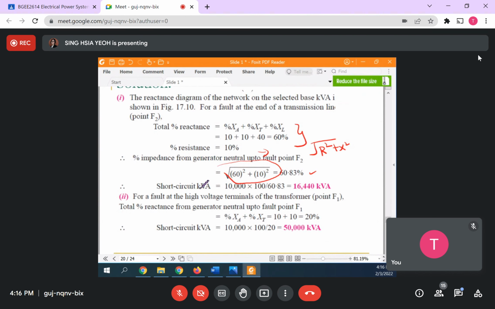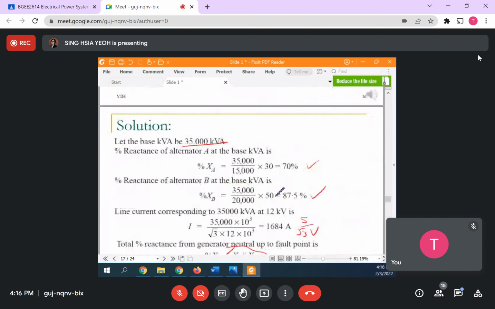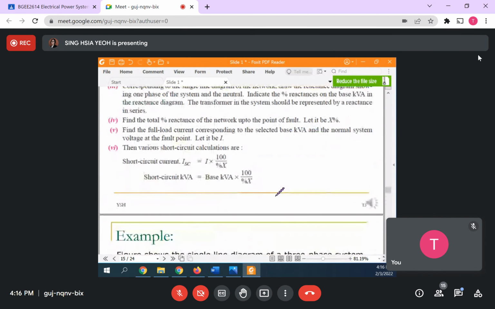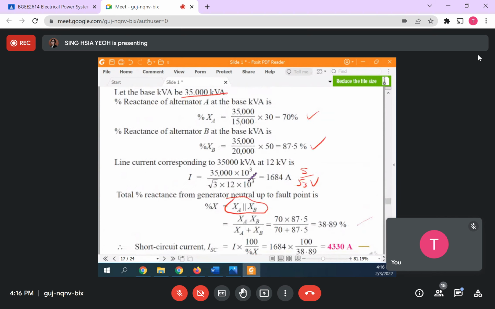Then to find the short circuit kVA, just use the formula from just now: base kVA times 100 divided by percent X. The base kVA is given and 100 is fixed. So percent X means the total.